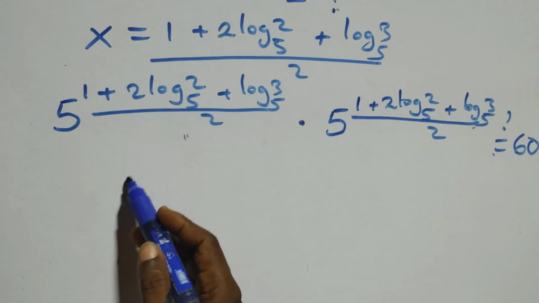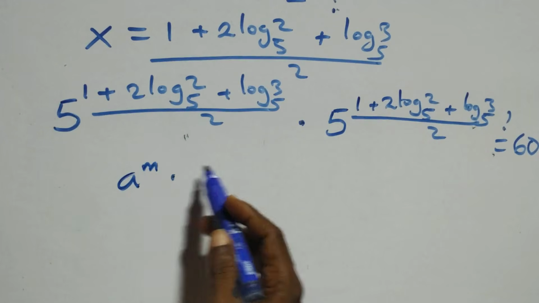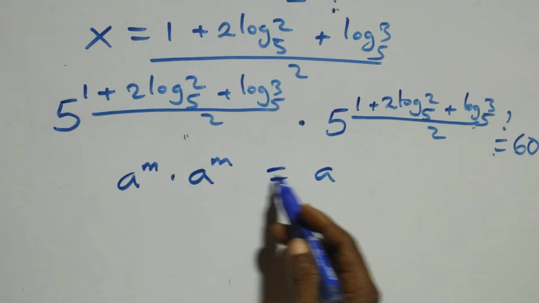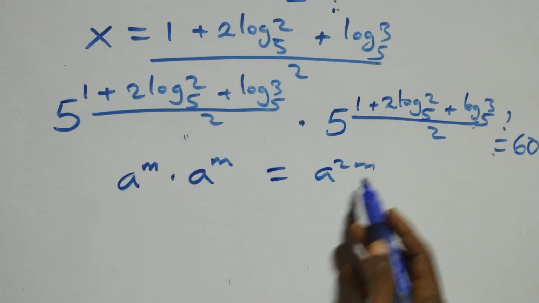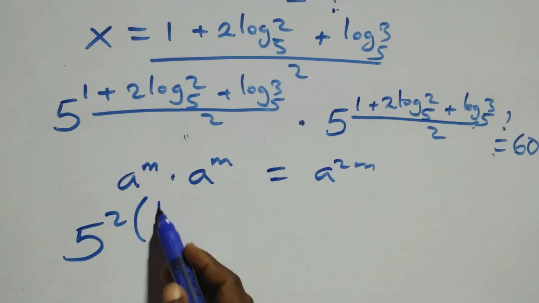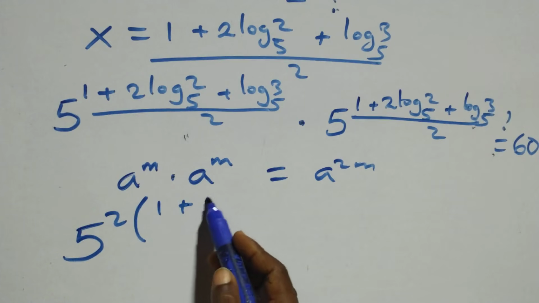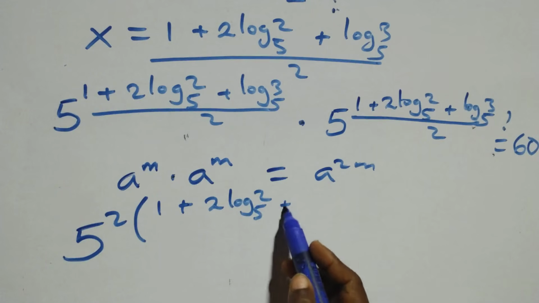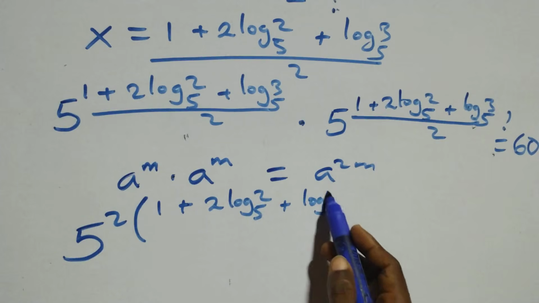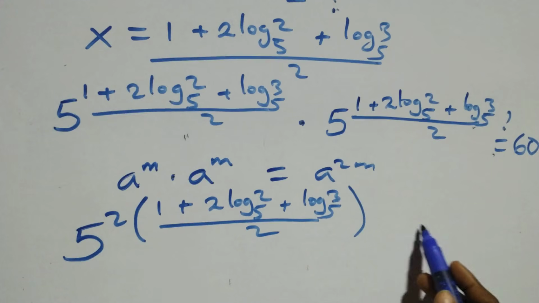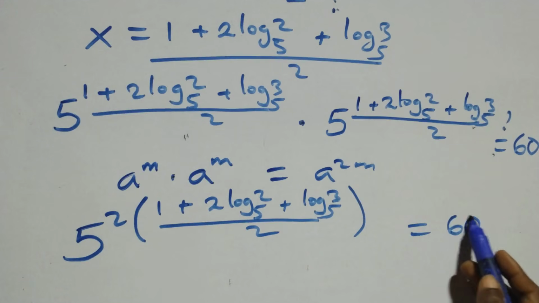And here this follows when we have a raised to power m times also a raised to power m, which can be written as a raised to power m plus m, which is 2m. And here this becomes 5 raised to power 2 times 1 plus 2 log 2 base 5 plus log 3 base 5 all over 2, is it equal to 60 on this side?